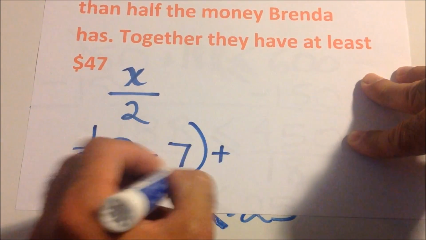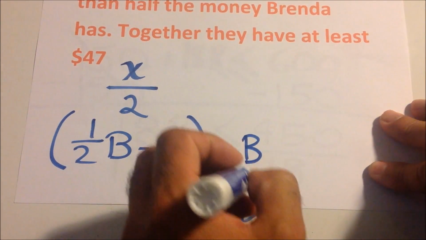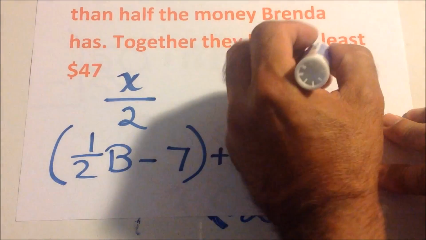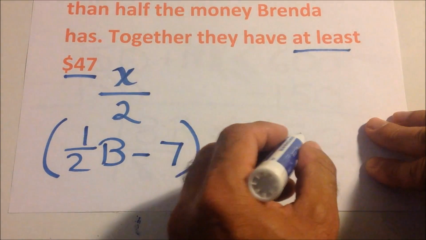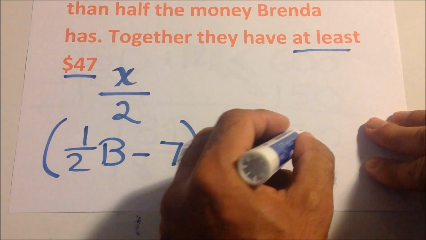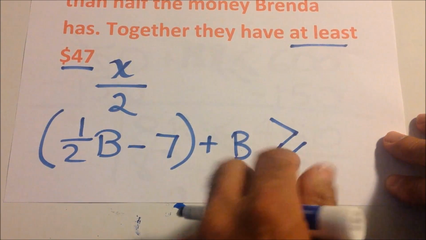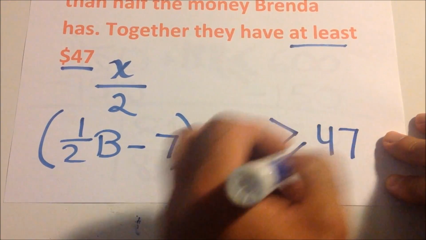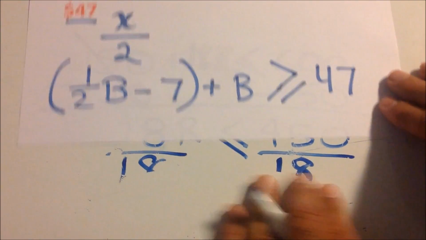Plus, you can put that in parentheses if you want to make it look better. Plus, we have Brenda's money, and together they have at least $47. The least they have is $47. That means they could have more, but the least they could have is 47. Keep that in mind. Let's put that up here like that.